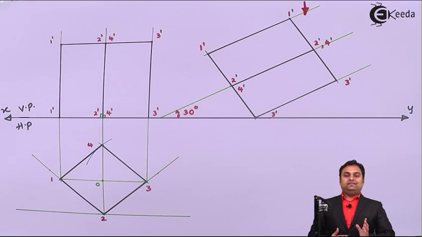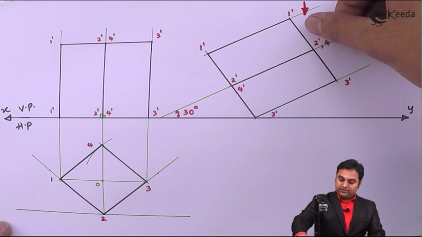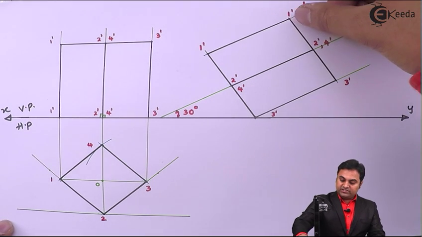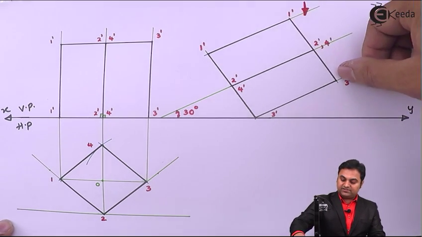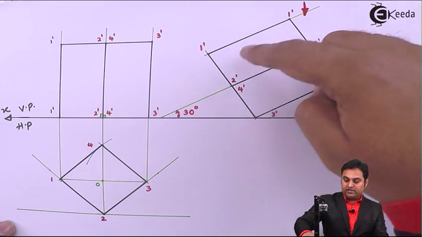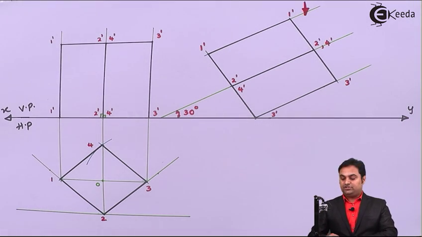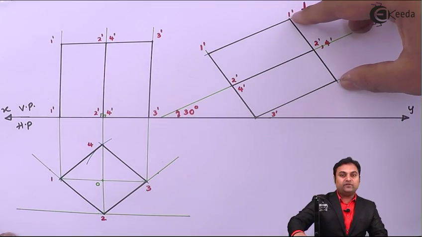So out of that, the square face which is closer to me, that is closer to the observer, will be drawn first. If I see here, the square face which is 1 dash, 2 dash, 3 dash and 4 dash, this face is closer to the observer as compared to the bottom face. So first I will be drawing the projections for this square face.